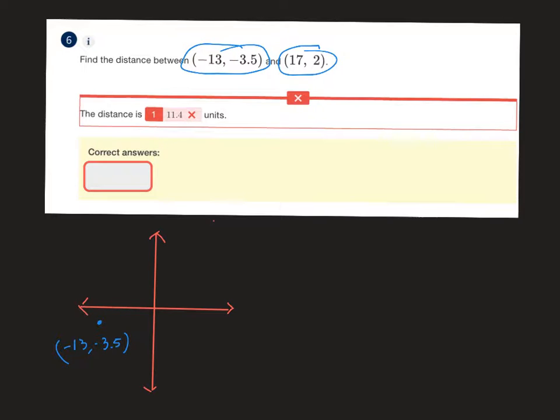Then 17, 2, be over 17 and up to a triangle that kind of looks like that. So we've got a really long leg and a really short leg. It'd probably make it kind of difficult to walk. So let's try to find our leg distances.